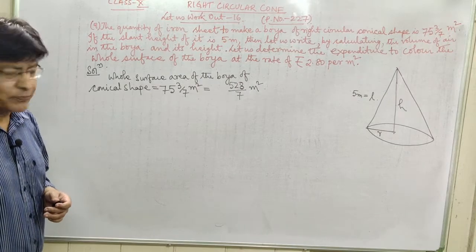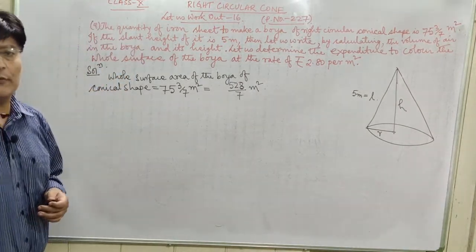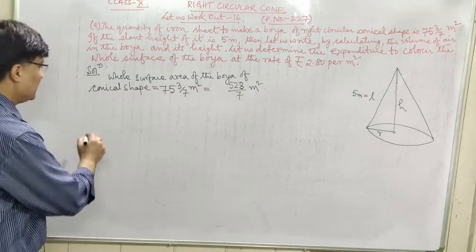So is that clear? Now you should know the formula for whole surface area of the right circular conical shape.